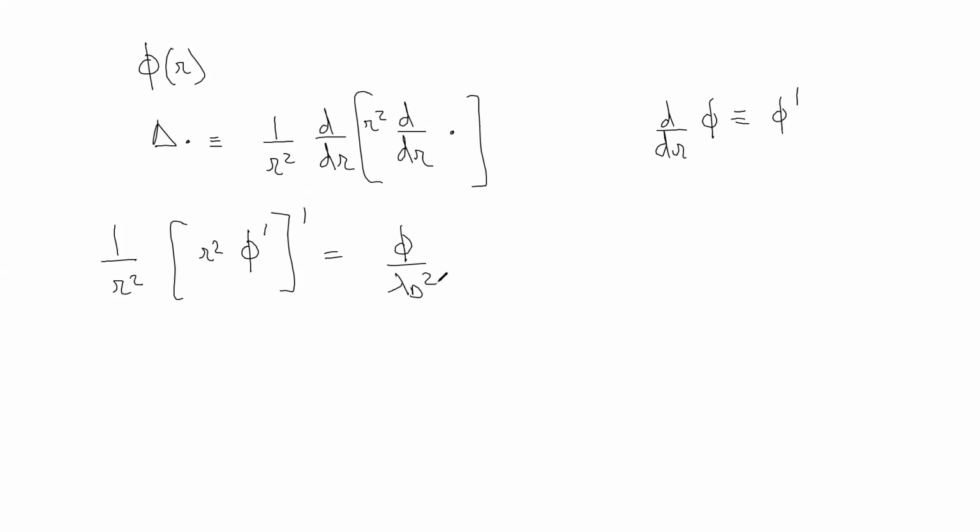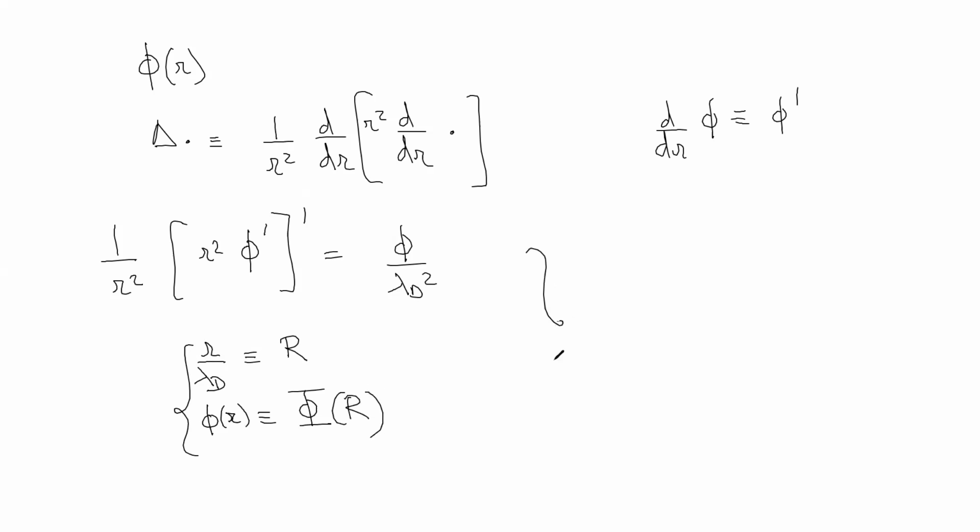Okay, and I can even introduce dimensionless notations such that I don't have any more length scales in the problem. So this is capital R, a dimensionless variable, and phi of r will be transformed into capital Phi of capital R, a dimensionless function.